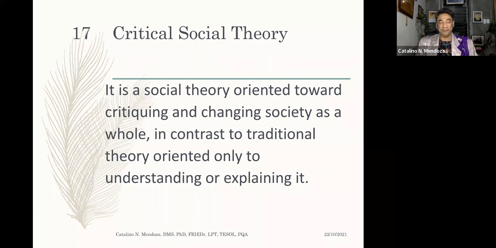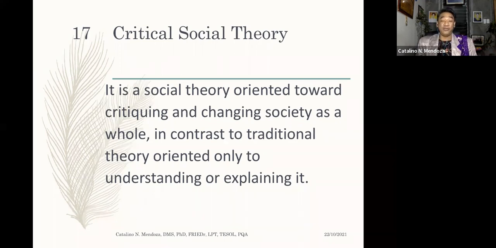So critical, getting the pros and the cons, and also, of course, the pro and against a particular custom and even tradition or even behavior of the people or even the policy could possibly be part of the critical social theory. It has something to do with the conflict in between its members and also, of course, in between nation to nation. So that is why the behavior of the people is also involved in analyzing the social problems or phenomenon.